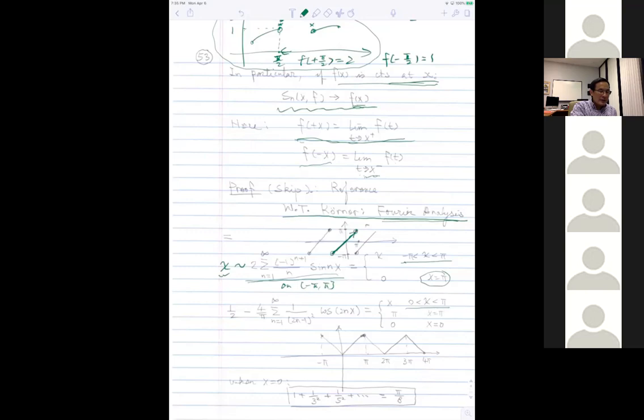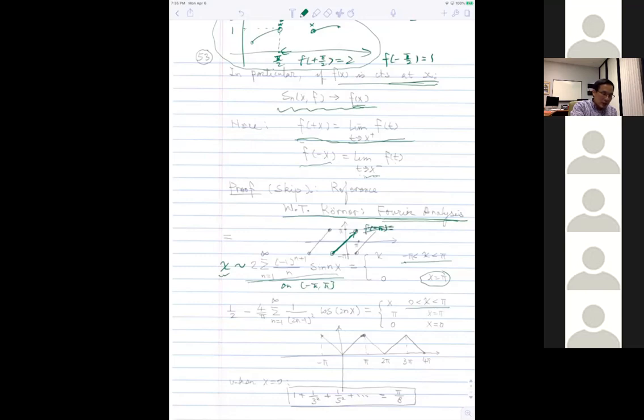So f negative pi would be what? Let me ask Melissa, what would be f negative pi? Here, the negative pi actually means not f at negative pi, but the limit from negative pi. This notation is probably not good, so let me change the notation a little bit.